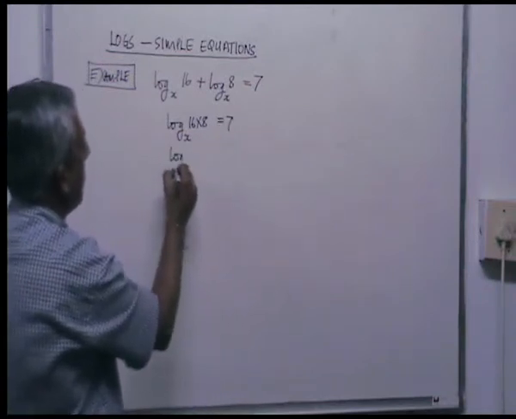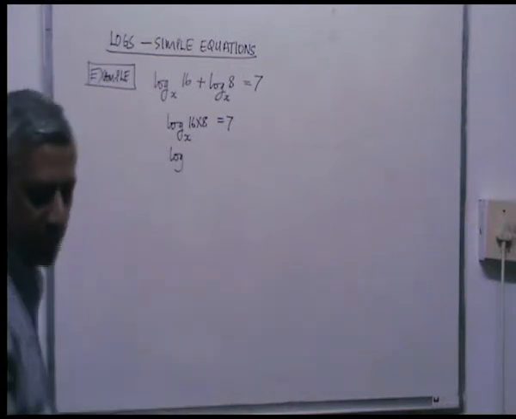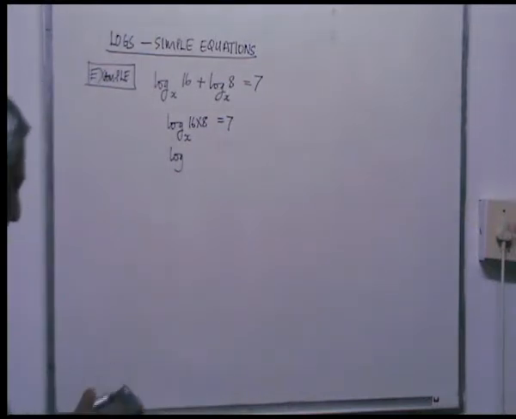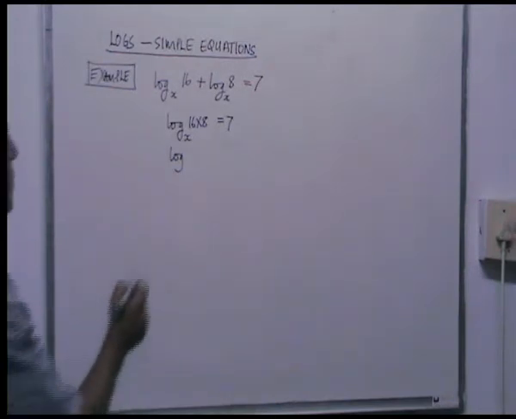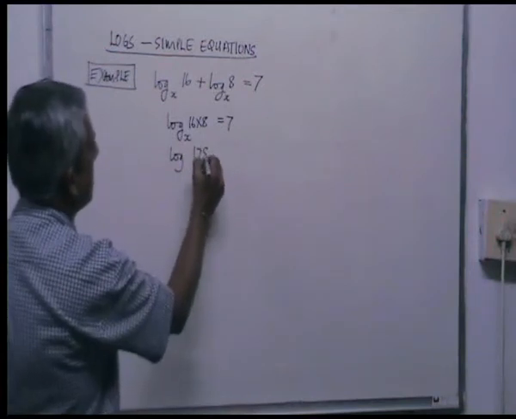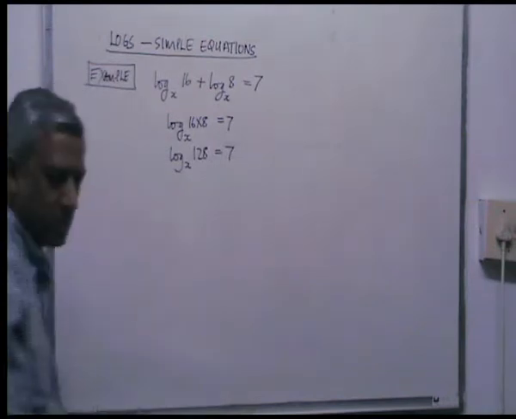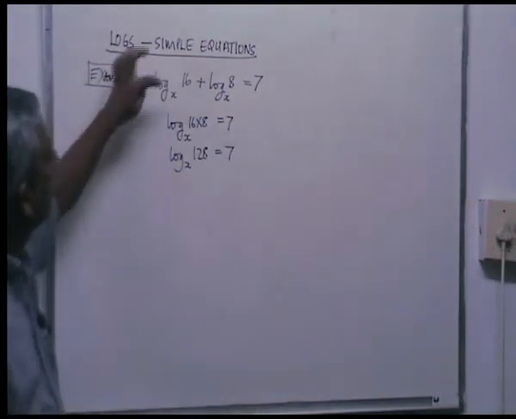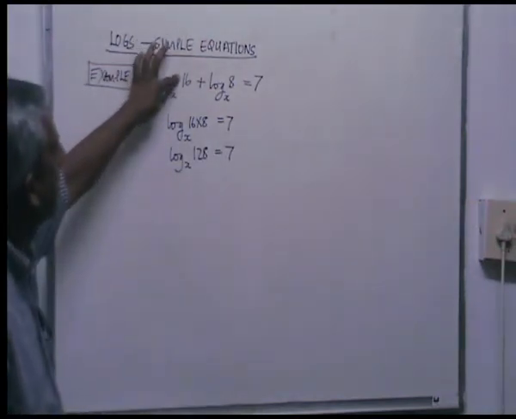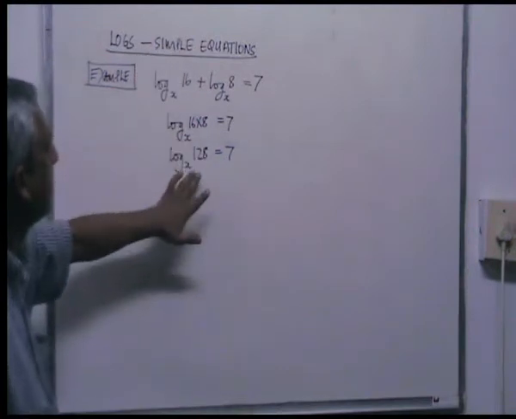So you'll say that's log of, take your calculator and multiply 16 by 8. So you'll say, well, 16 times 8 is equal to 128. 128 to the base x is equal to 7. So far you've used the product law. You've come up till here.